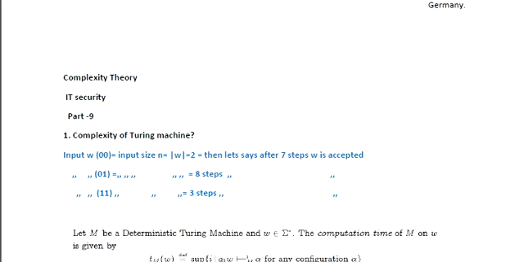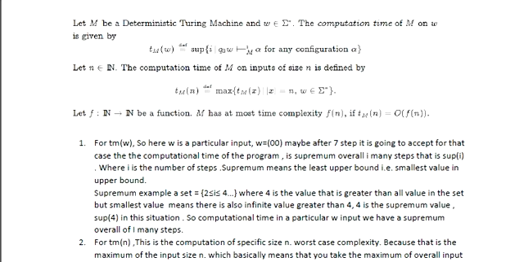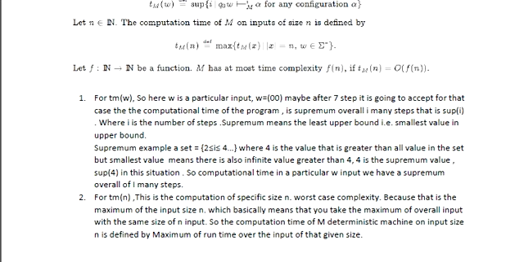On input 01 we have 8 steps to terminate, or maybe reach the accepting state. So that is the example of T_M(n).